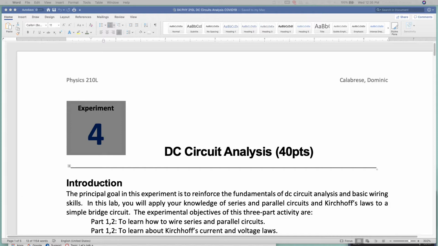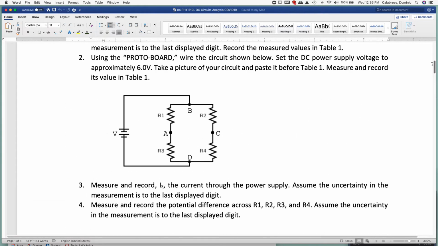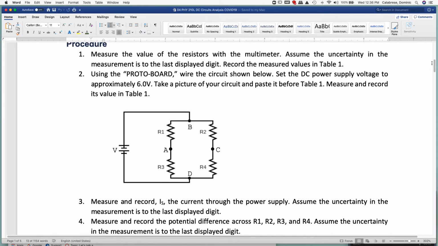We're going to be analyzing basically a circuit that we analyzed in class. If you look at our videos from chapter 28, I solved this problem, except that the resistors form a diamond shape. It's the same circuit, except I drew it as a diamond shape.